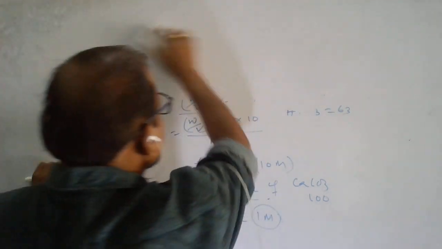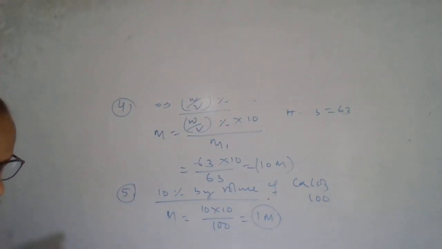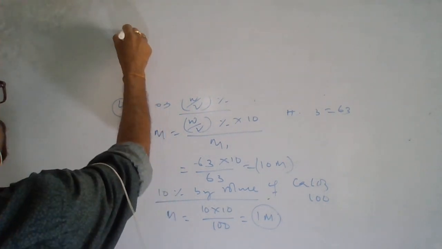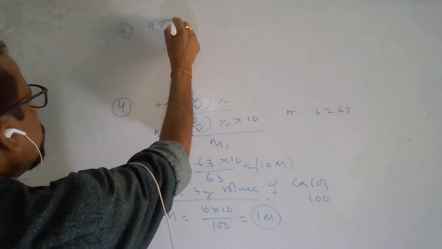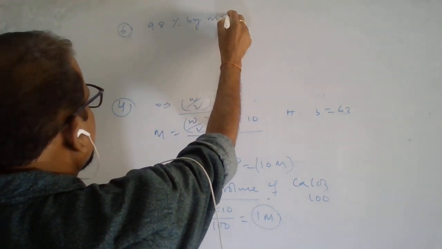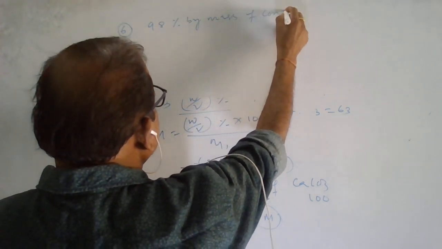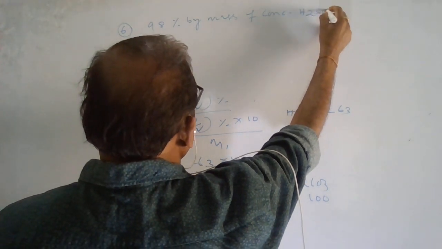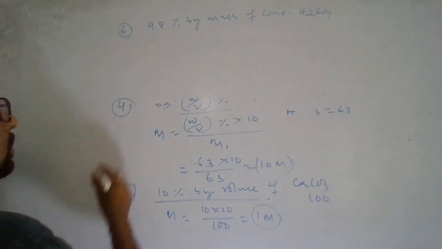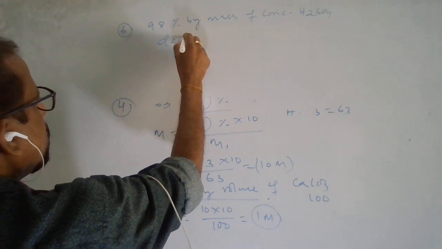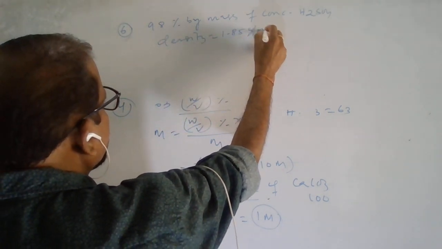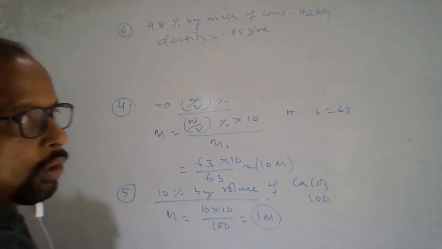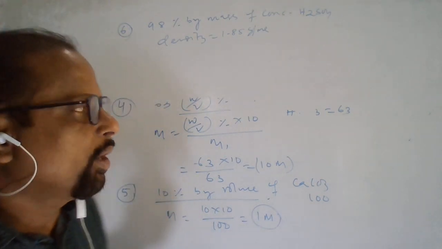One more formula that I will tell you. That is question number 6: 98 percentage by mass of concentrated sulfuric acid, because concentrated sulfuric acid is 98 percentage, and the density is equal to 1.85 gram per ml.